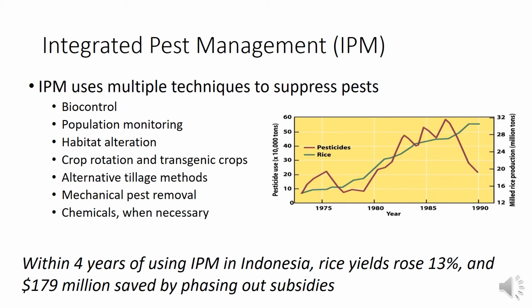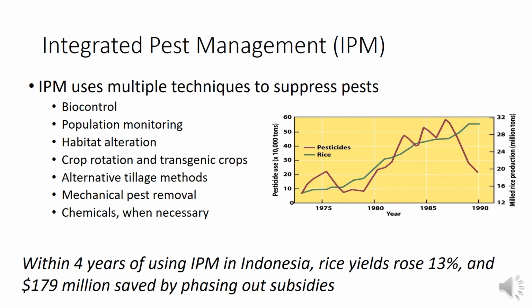Or genetically modified organisms, you're not using chemicals. So that's part of integrated pest management. No-till agriculture, which we'll talk about more. And also just physically picking your pests off of your plants, or weeding, right, is mechanical pest removal.